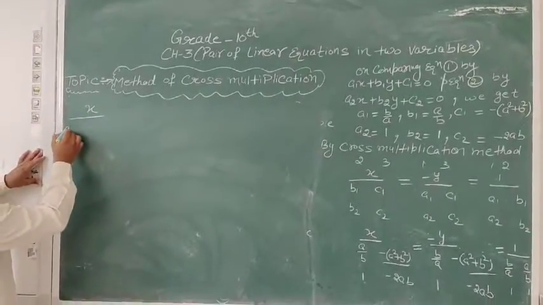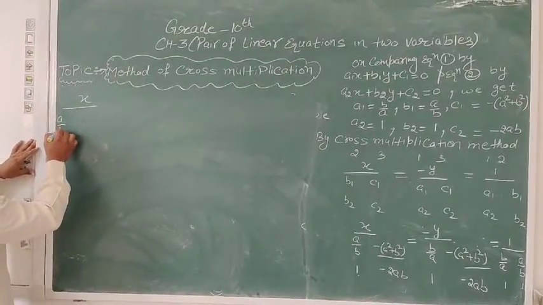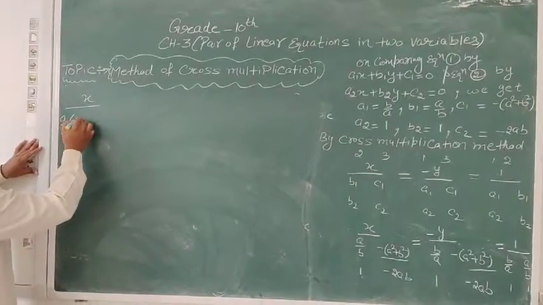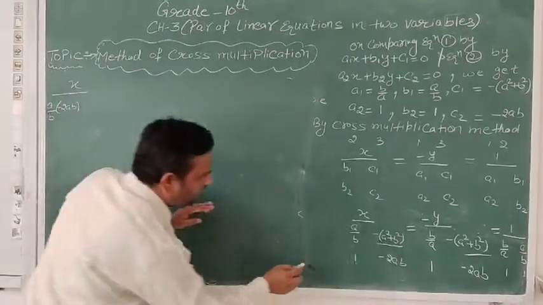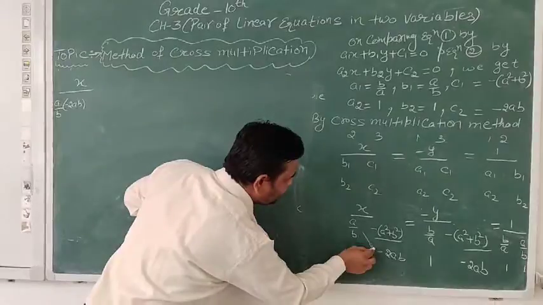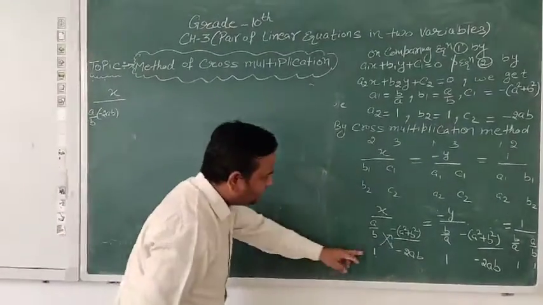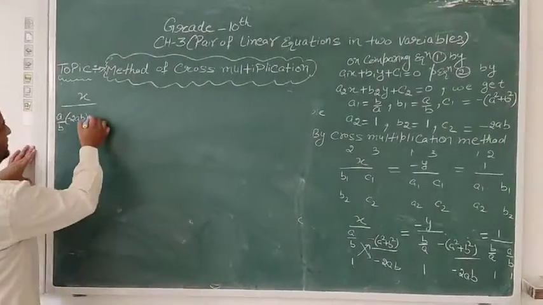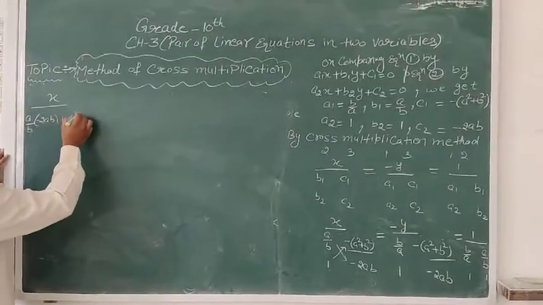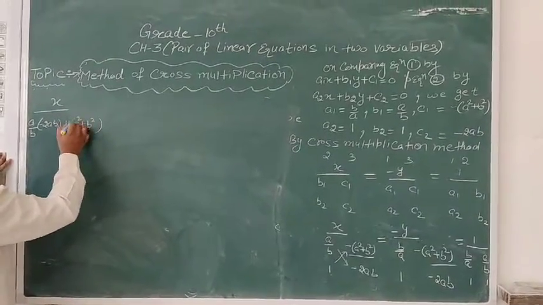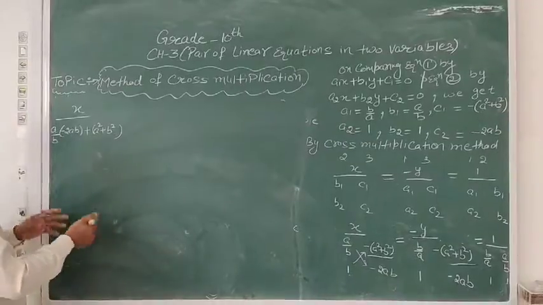Here is what? a upon b within multiplication of minus 2ab. Actually we have to multiply this and then this. We know that this is minus plus, so it comes out to plus a square plus b square, because it is multiplied with 1, so we get the same result.